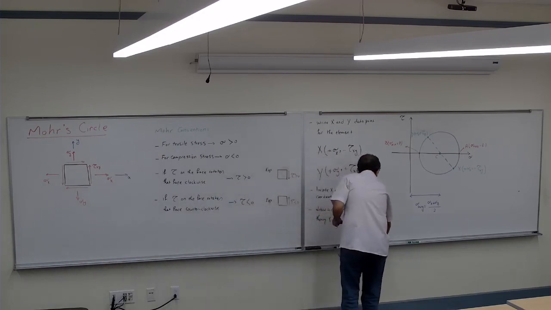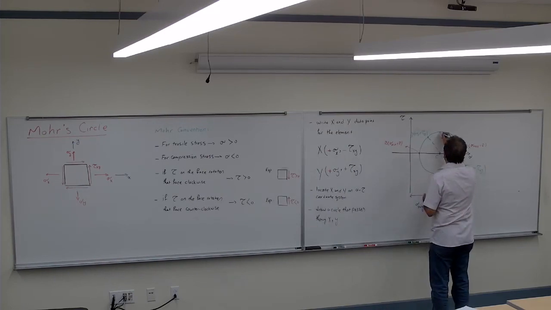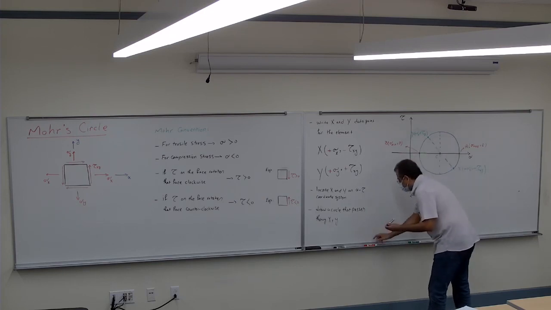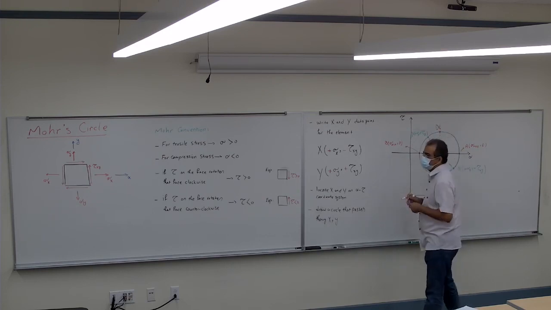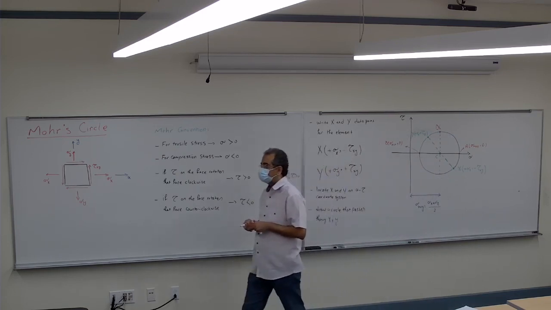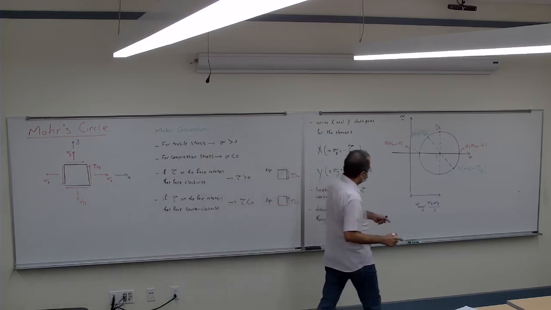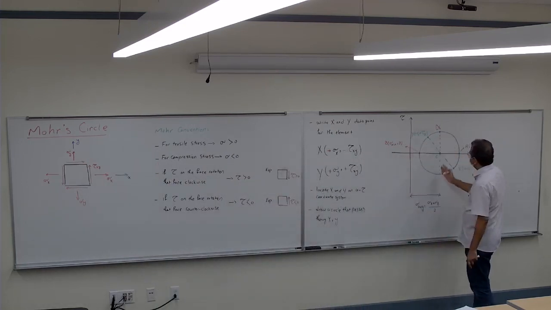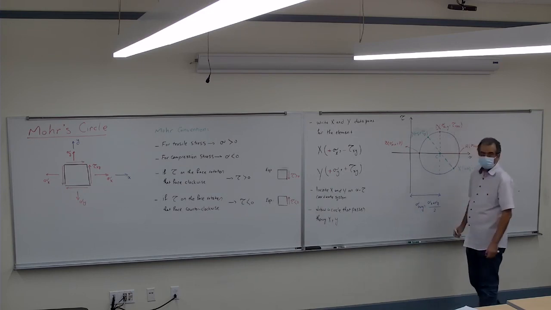What about the D on the top and E on the bottom? What's the coordinate for D? It's going to be sigma average and tau max.